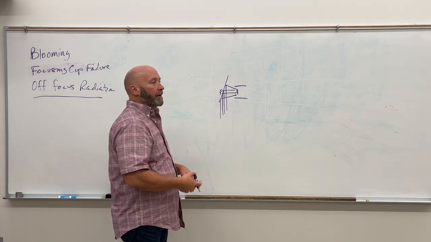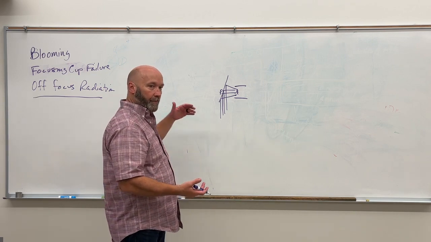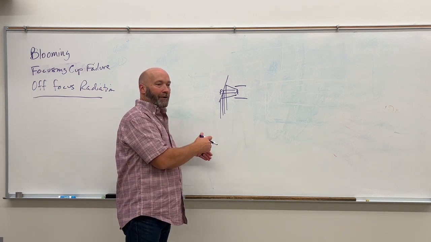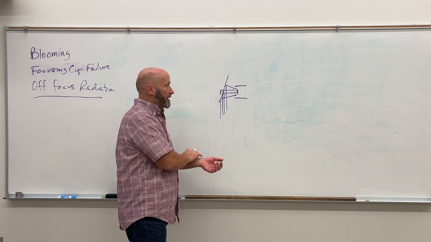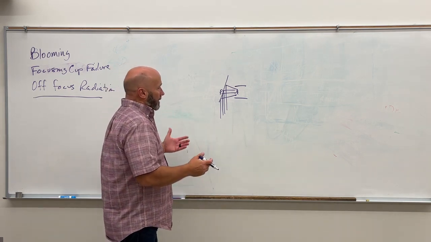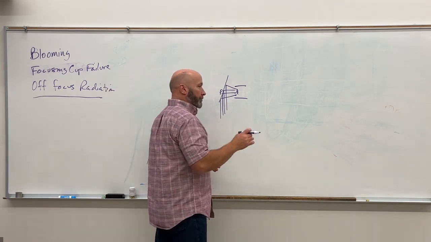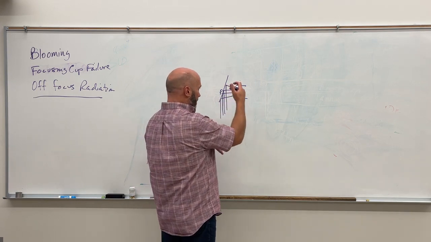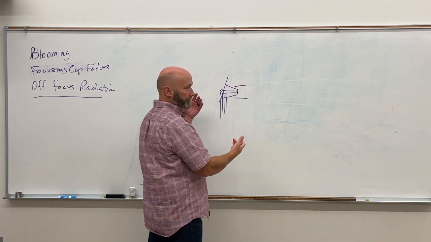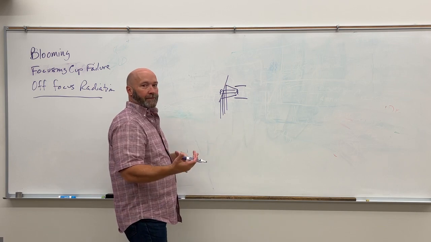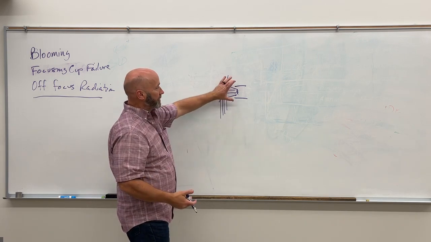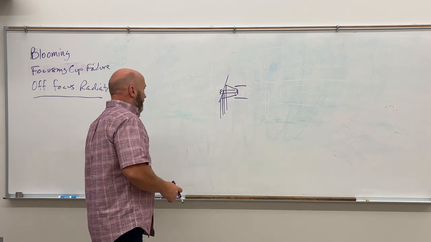Splitting hairs. It's off-focus radiation, but we're going to reserve that term for those bouncing electrons. So yes, that's off-focus radiation, true, but we're not going to call it that. We're just going to call it enlargement of the focal spot size because of the loss of the function of the focusing cup. All right?